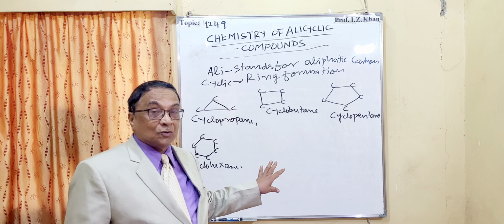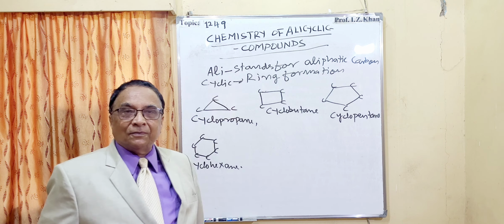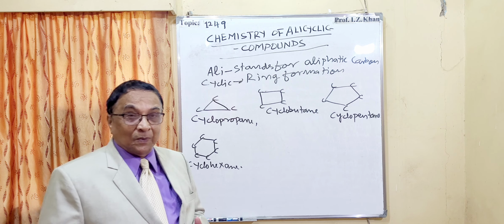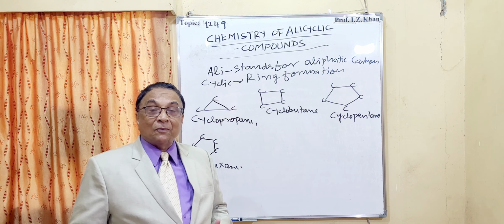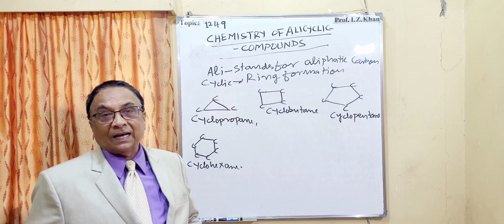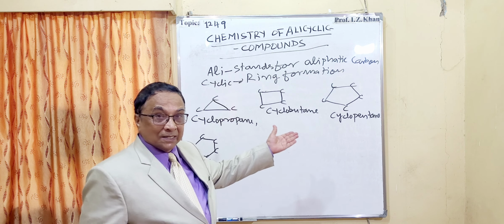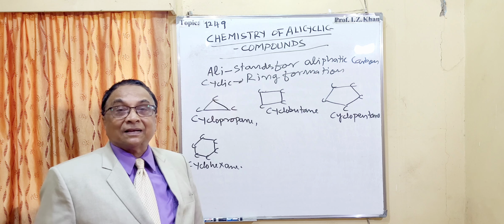But before going to discuss their exceptional behavior of a small ring, so in that exceptional behavior of a small ring, when I will be discussing later on, it means that what type of angle strain is there. That is called exceptional behavior of small ring. Then medium sizing, and then again the stability of big size ring.